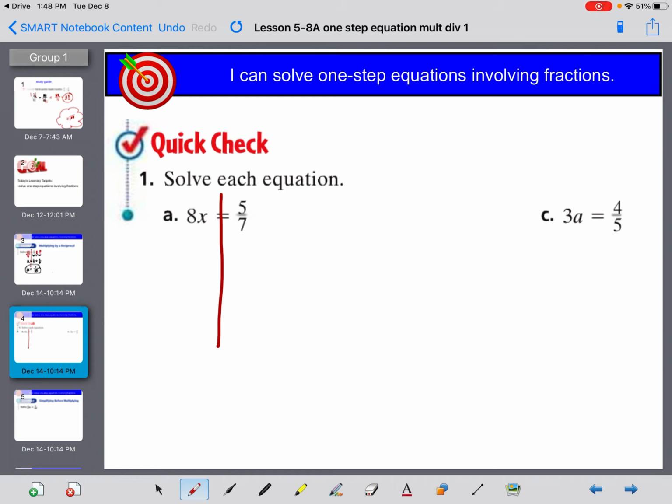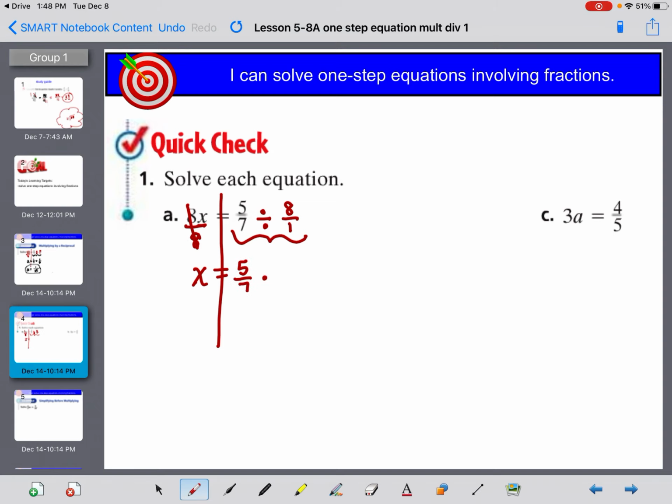All right, your first step was to draw a line down the equal sign. Your variable is being multiplied by 8. So we are going to divide both sides by 8. Because 5/7 is a fraction, I'm going to write my 8 in fraction form. I see that I have a dividing fractions problem like we did in the last lesson. 5/7 divided by 8 over 1.